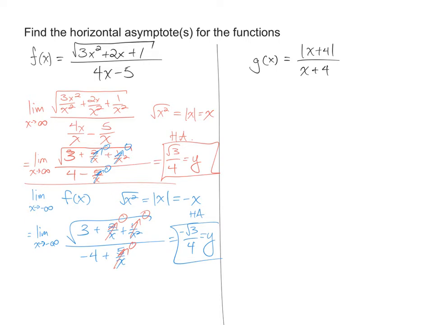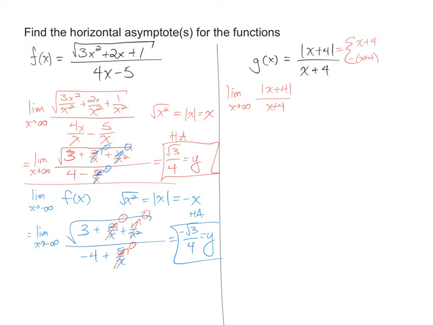Over here with g of x equals the absolute value of x plus 4 over x plus 4. Again, we should check both limits. Let's see, we want to find the limit as x approaches infinity of absolute value of x plus 4 over x plus 4. And remember, the absolute value function can be broken down as a piecewise function: x plus 4 and negative x plus 4.